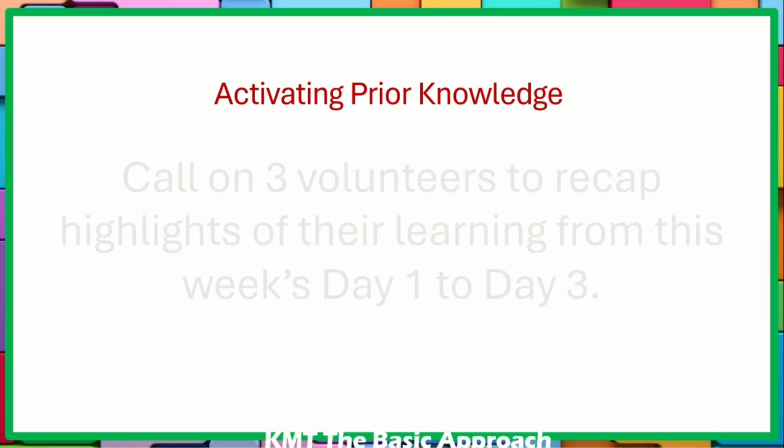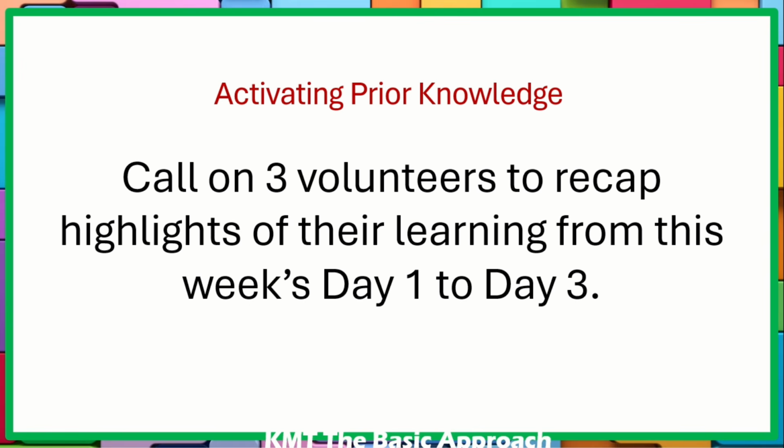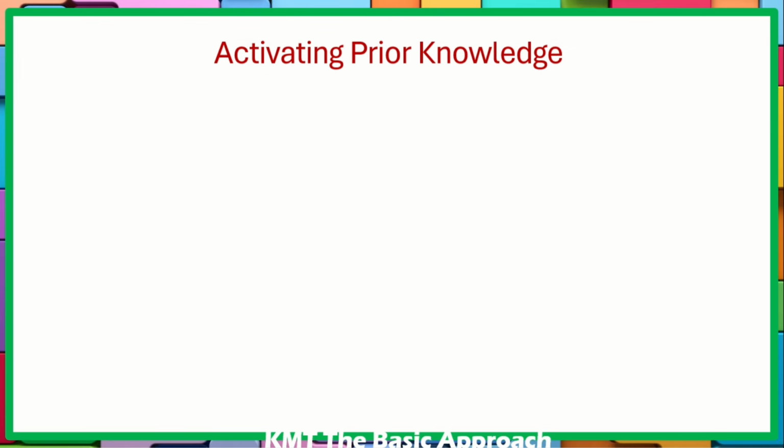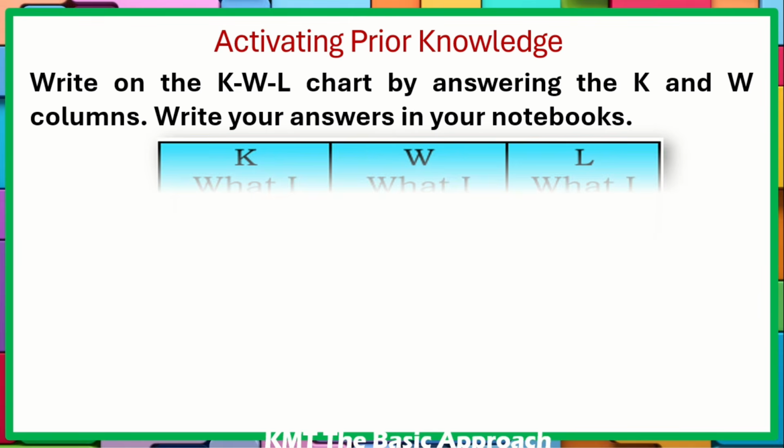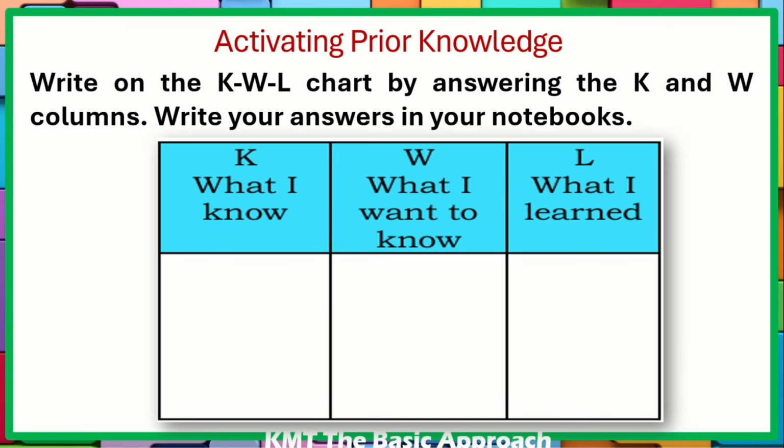Now, your teacher may call on 3 volunteers to recap highlights of their learning from this week's Day 1 to Day 3. You may now write on the KWL chart by answering the K and W columns. Write your answers in your notebooks to be checked by your actual teacher.